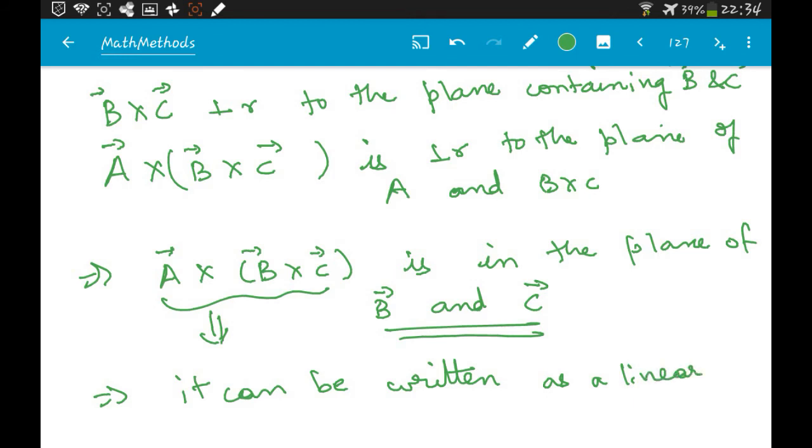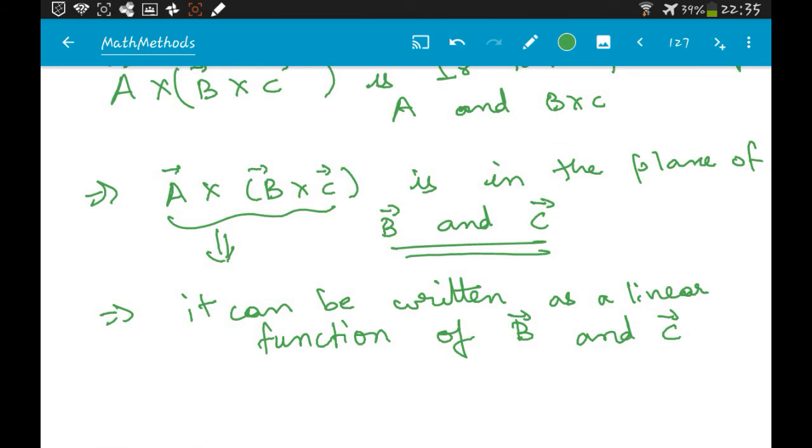Linear function of B and C. What does that mean? What does it mean when we say that it can be written as a linear function of B and C?